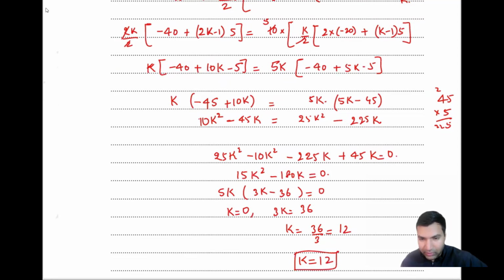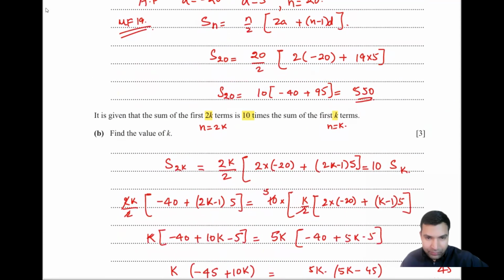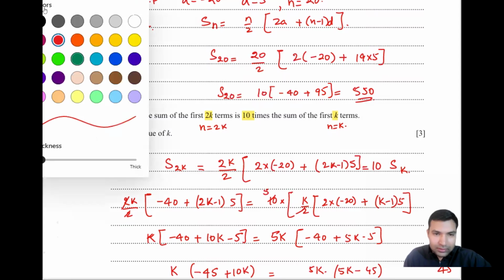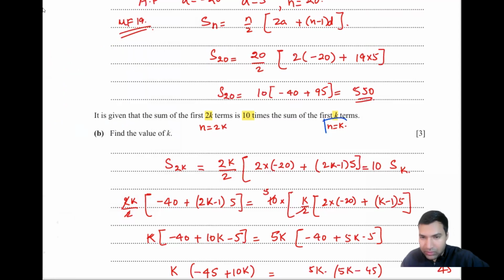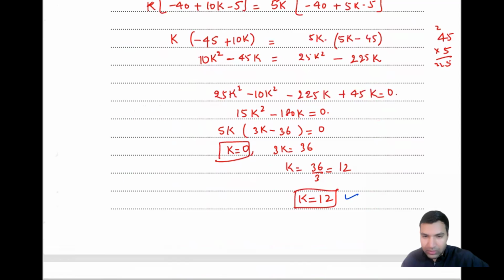Okay, and we got k equal to 0, so let's check what the condition for k is. Now, the sum of the first k terms, right? Now use common sense and guess, can k be equal to 0? Terms cannot be equal to 0, right? And therefore k equal to 12. We disregard k equal to 0 because the number of terms starts from 1, right? So k equal to 12 is the correct answer.